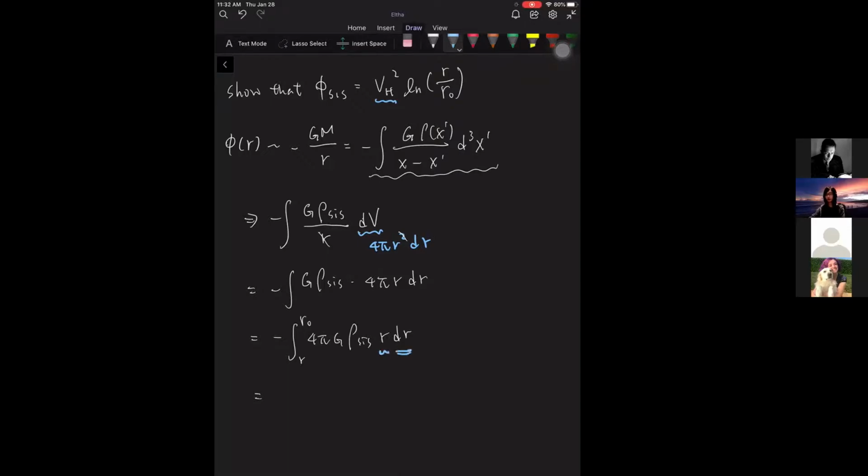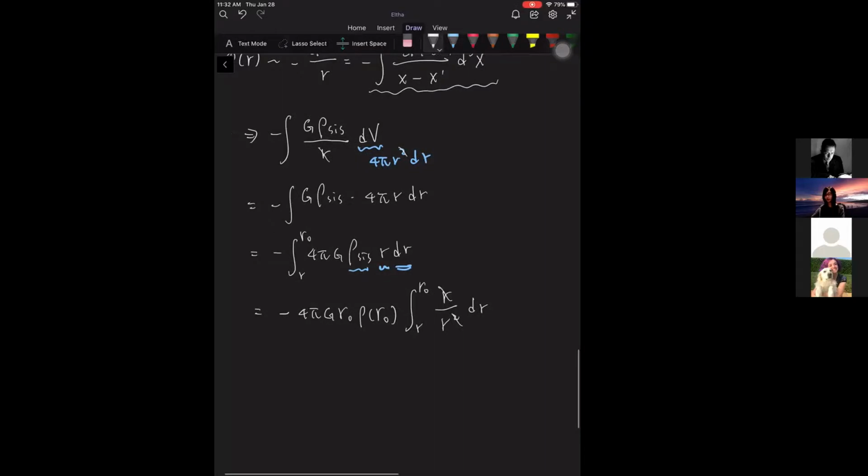Because we're integrating with R. So we can take out all of the terms, 4 pi G R naught, and by plugging in the rho, we have rho of R naught taken out, and the integration would be, because there's an inverse R squared term in rho, right? So that would be here, and we can cancel out this.